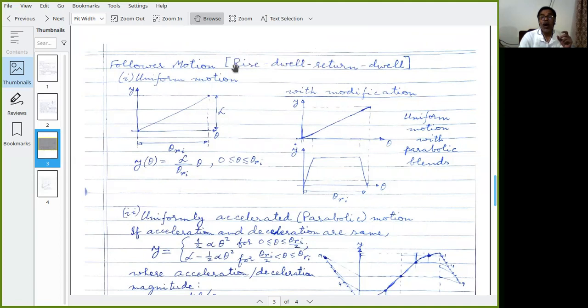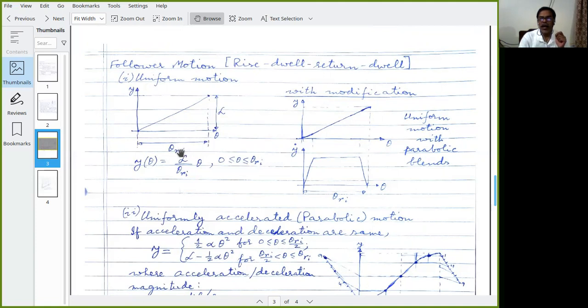Now, what kind of motion? That is, y displacement with respect to the angular position of the cam. So there are several things that you may like to want. One is uniform motion. That is, during the angular interval theta ri, the interval during which you want the follower to rise.